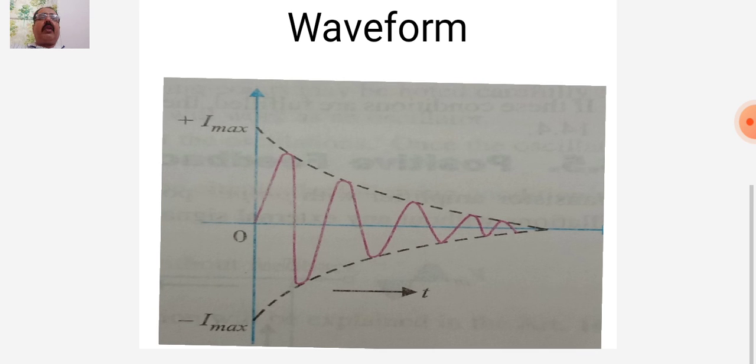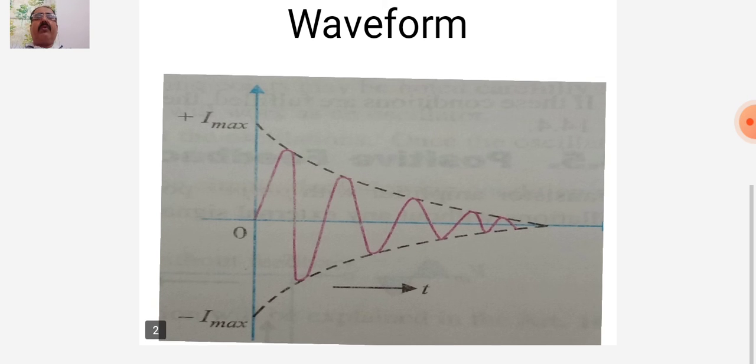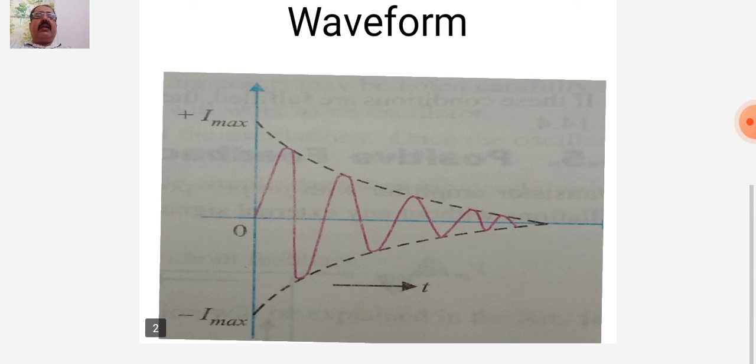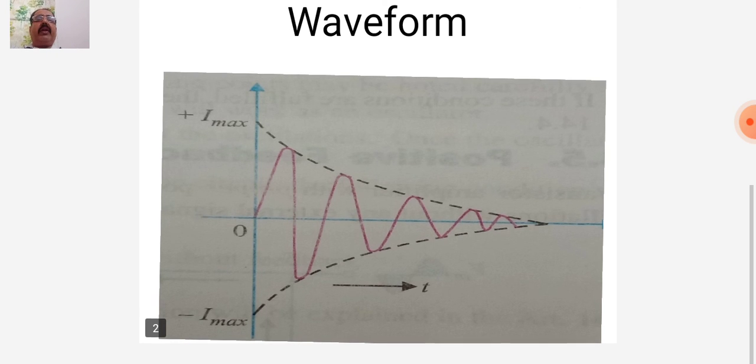If a large value of capacitor is used, it will take longer for the capacitor to charge fully and also longer to discharge. This will lengthen the period of oscillation in the tank circuit, or equivalently lower its frequency.